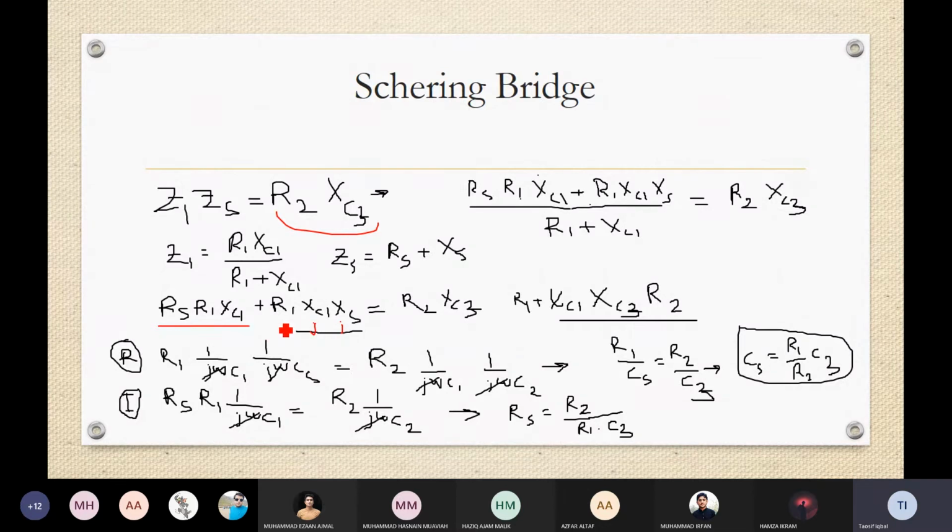So the second component on the left side is equal to the second component on the right side. So we equate R1 XC1, which is 1 over j omega C1, multiplied by XS, which is 1 over j omega CS. On the right side we have R2 XC1, 1 by j omega C1, and XC3.